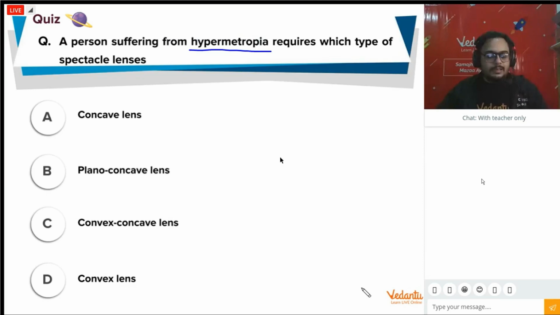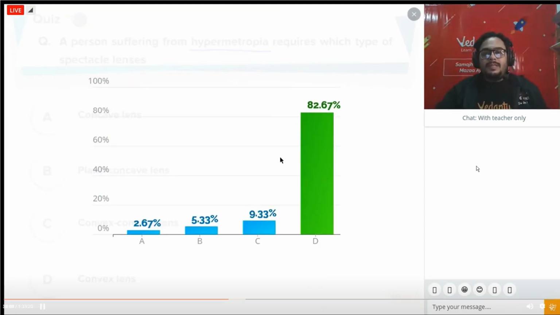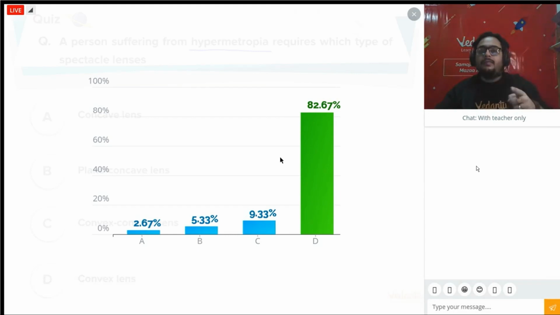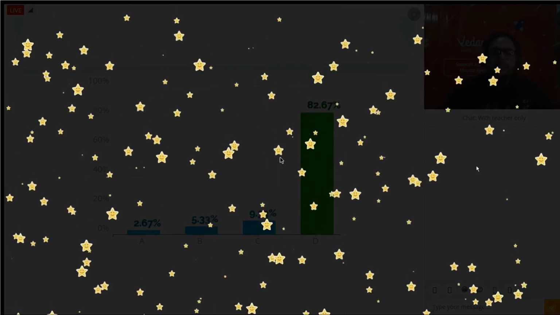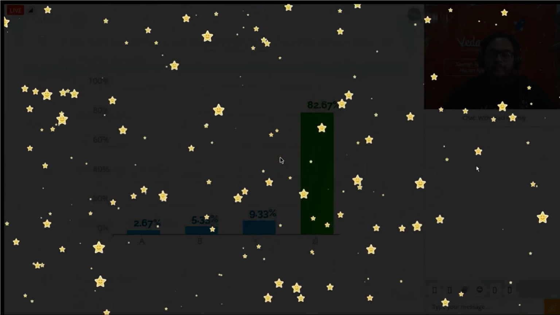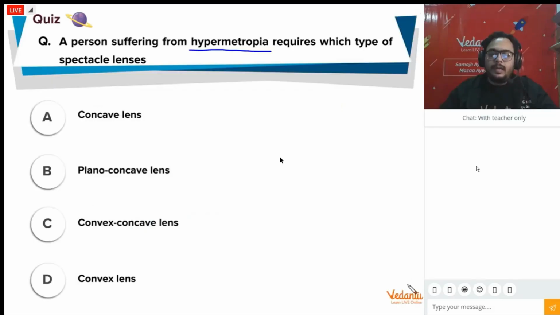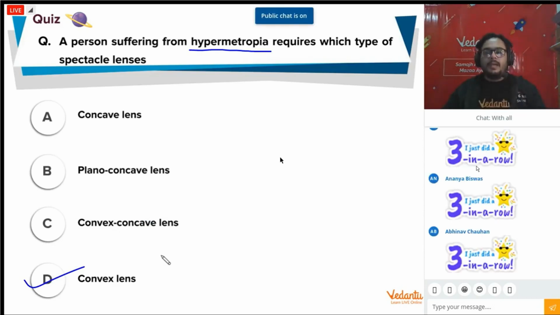Mark your answers now. Your time starts. 82%. Lower your headphone volumes, everyone. And yes, the answer is a convex lens.